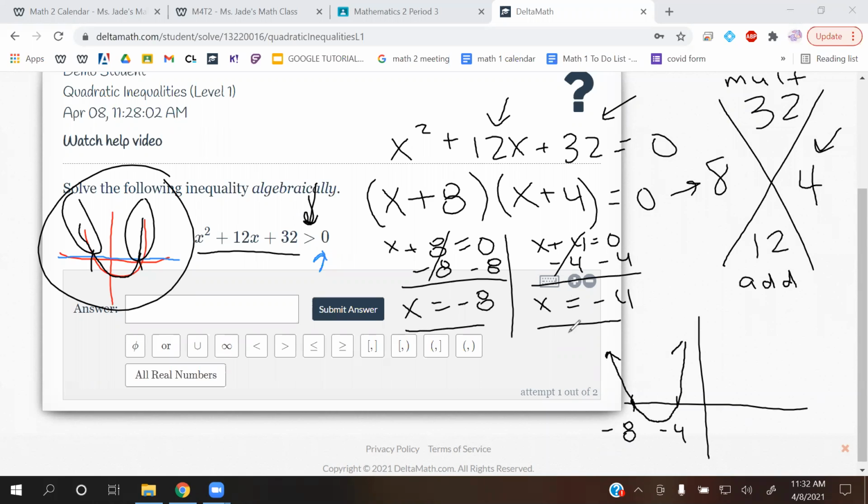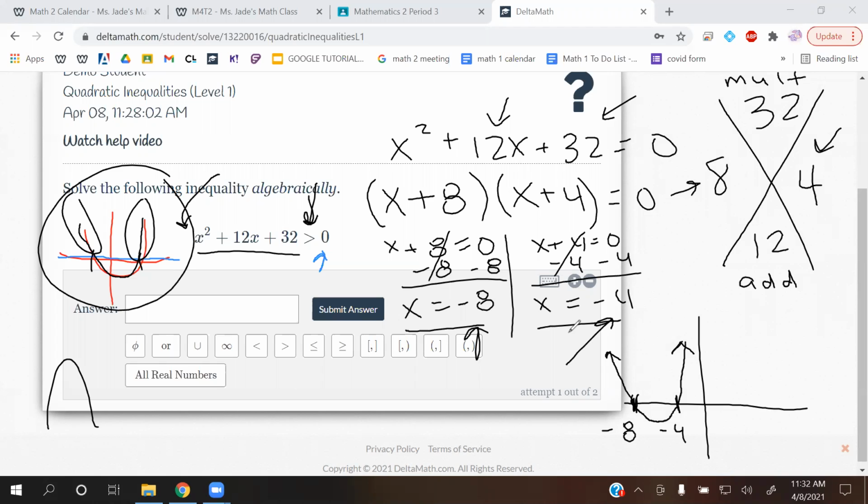It's an upwards parabola. How do I know it's upwards? Because it's a positive x squared. If it was negative, it would go down. But it's a positive x squared, so it's going up. It touches our x-axis at negative 8 and negative 4. That's what we solved for right here.